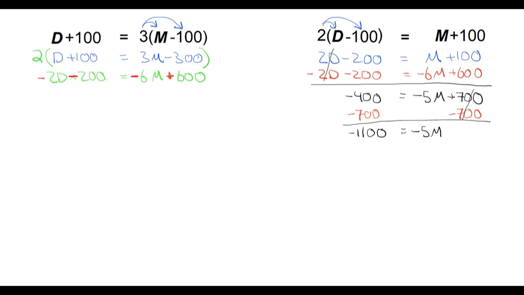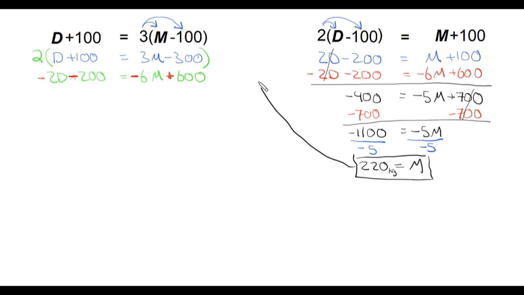Now the next thing I'm going to do is divide both sides by -5. And -1100 divided by -5 is 220. And -5 divided by -5 is just 1m. So I found that the mule was 220 kgs.